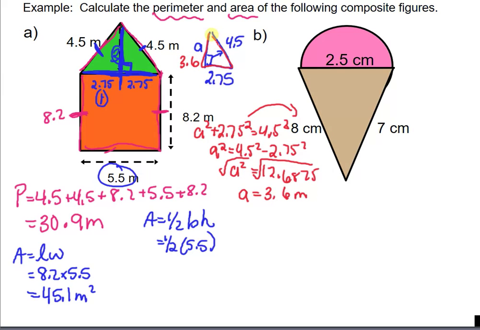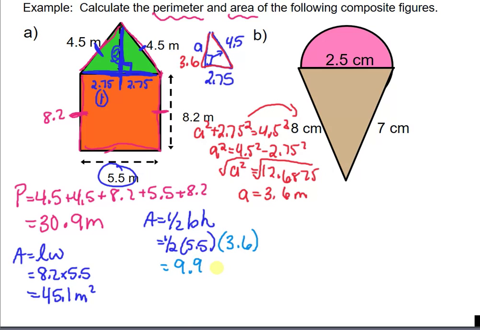So the area of this triangle, back to blue. The area of this triangle is going to be 1/2 times 5.5 times 3.6. So 1/2 times 5.5 times 3.6 is 9.9.